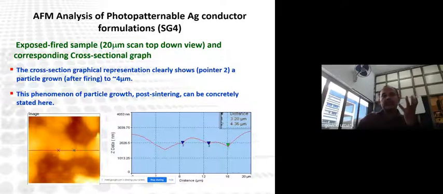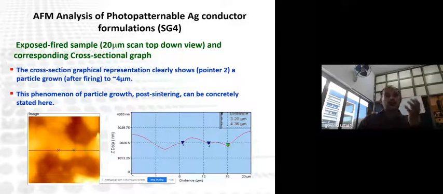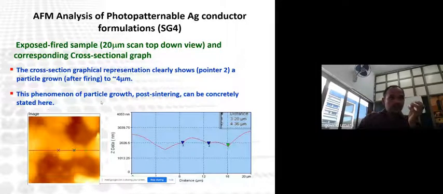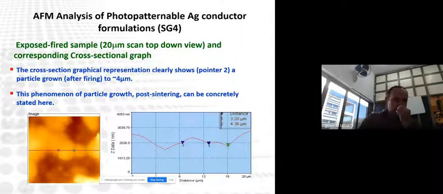See, at 850 degrees Celsius, our initial silver particle size is in the range of 200 to 300 nanometer. Whereas after the sintering process, the firing process, the growth of the silver particle takes place up to 4 micron. This phenomenon of particle growth post sintering is clearly and concretely stated here: the growth of the particle takes place during the sintering process.